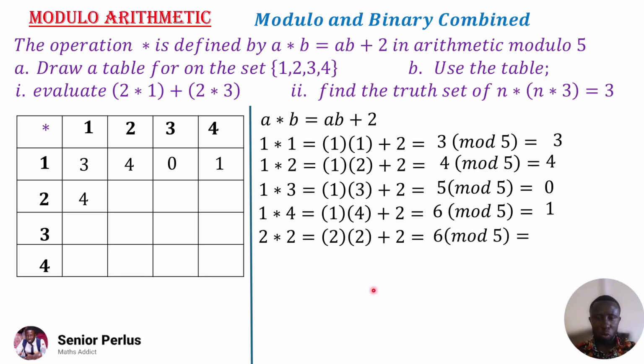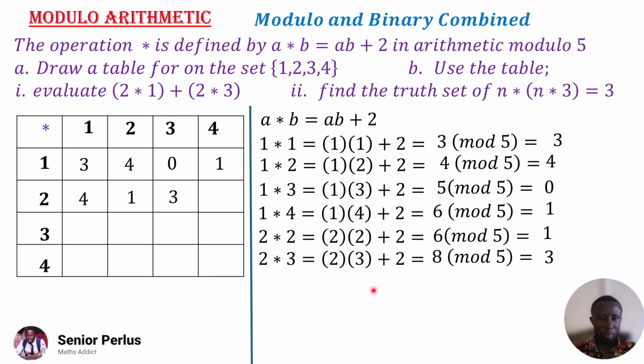That 6 mod 5 is 1. So just write it. 2 star 3, then 8 mod 5. So 8 minus 5 is 3. 2 star 4, that's 2 times 4 plus 2. That's 10 mod 5, which is 0.